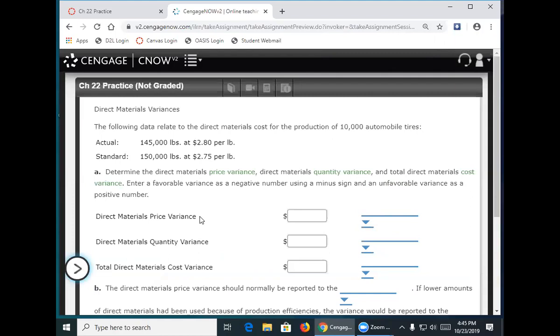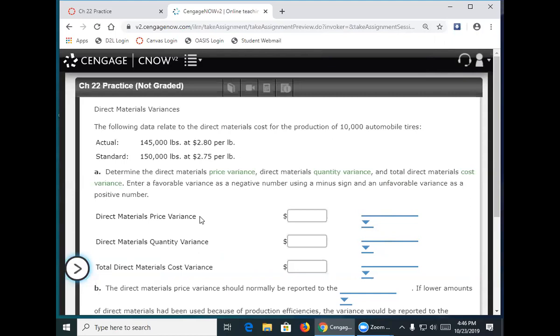Okay. Let's see, this next one is dealing just with direct materials variances. On your notes, you can see towards the bottom, the total materials variance is what we just calculated. We took our total direct materials cost, the actual, and compared it to standard. But we can also look for price variances and quantity variances. The reason we break it down separately is it helps us identify which area the problem exists in.